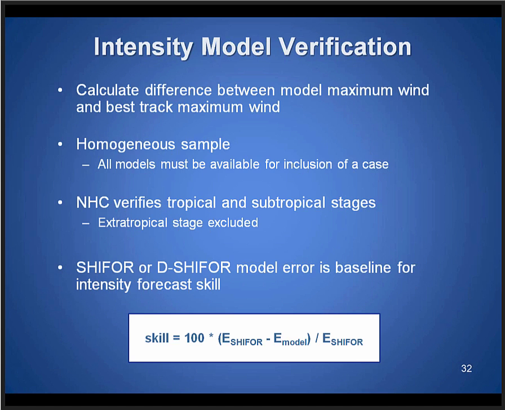But once it becomes extratropical, we don't include those in the stats. We can if we want to, but we generally don't. And then, as I mentioned before, the SHIFOR, Statistical Hurricane Forecast System, is the baseline for the intensity. And so if you improve upon it, then you have positive or you have skill. So that's what I'm going to show you next.